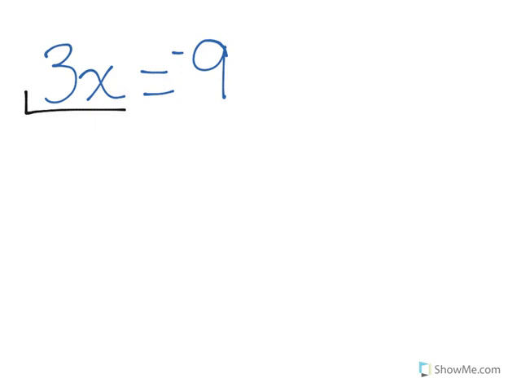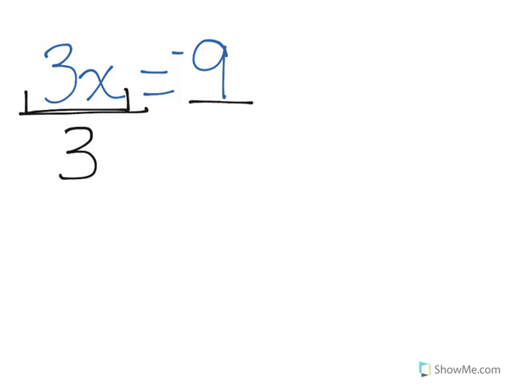Another example of a one-step equation is 3x equals negative 9. Right now, this is 3 times x. So my inverse operation for multiplication is division. So instead of multiplying by 3, I'm now going to divide by 3.